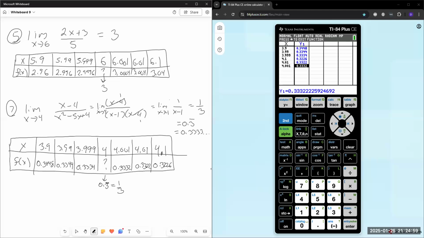Or you can express it as 0.3333 and then an ellipsis after it to say the 3's just keep right on going forever and ever. So it would be really close to the right answer, and your teacher would probably accept it at this point if you got close with 0.3333. But the most accurate answer is to say that it's 1/3, as we can express that repeating decimal as a fraction exactly.